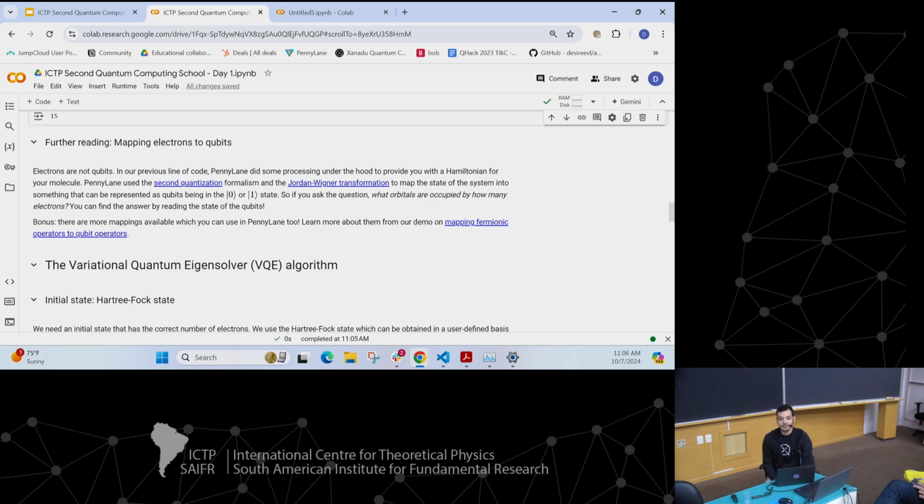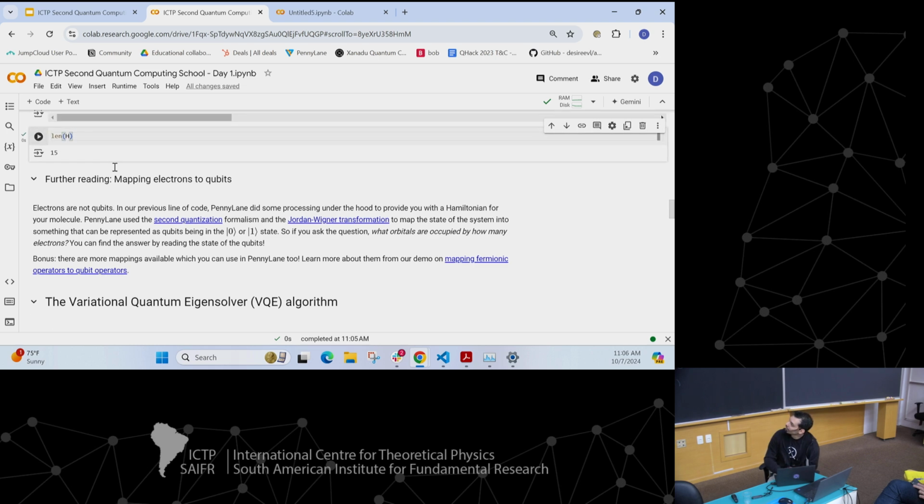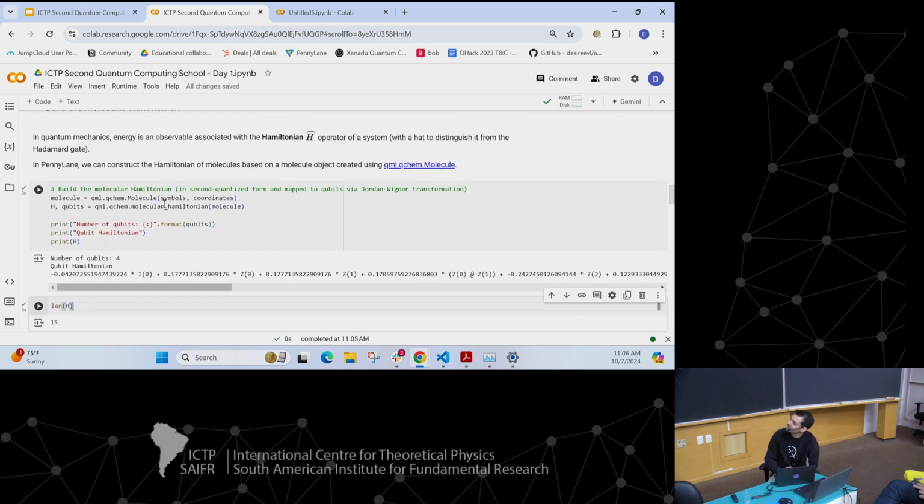There's different functions that you can call. So within molecular Hamiltonian, within this function, you can add a second argument saying use Jordan-Wigner mapping, use another method. PennyLane at the moment, I think, has 3 methods. If you have another one, then you would need to code it yourself.